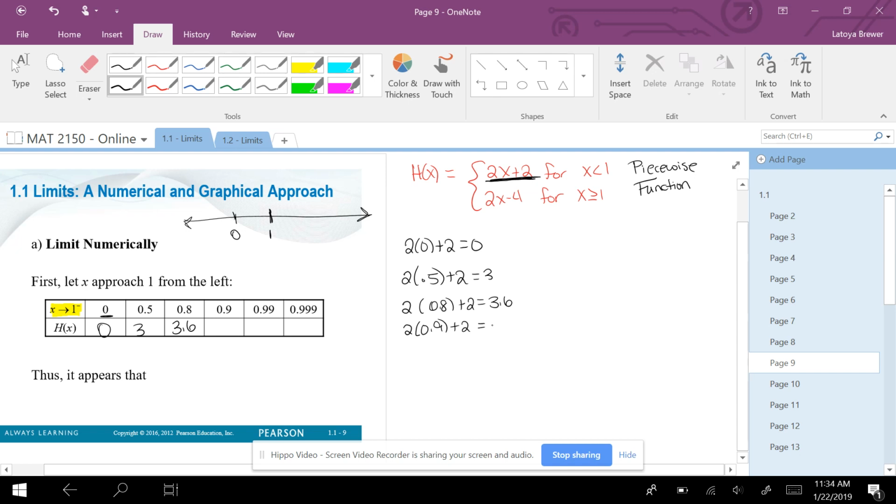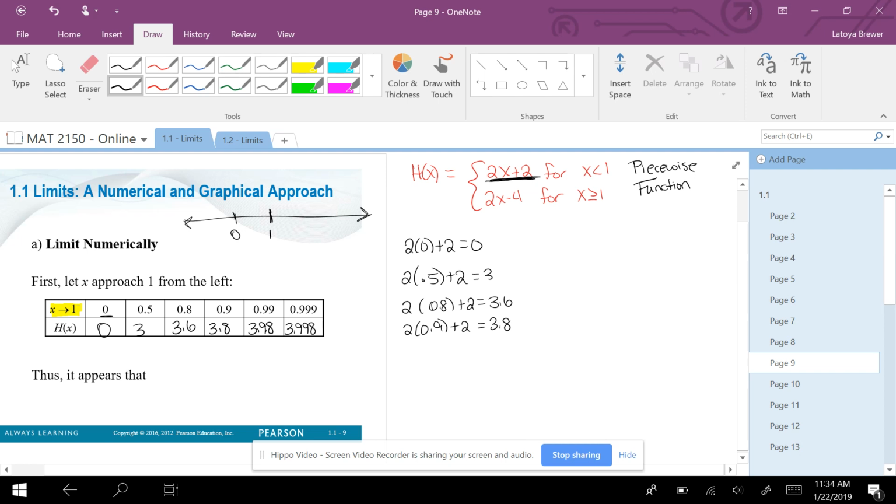You can pause if you want to. I'm not going to write all of these out, but all I do is substitute each one of these into the function 2x plus 2, and the values that you get are 3.8, 3.98, 3.998. We have a pattern.